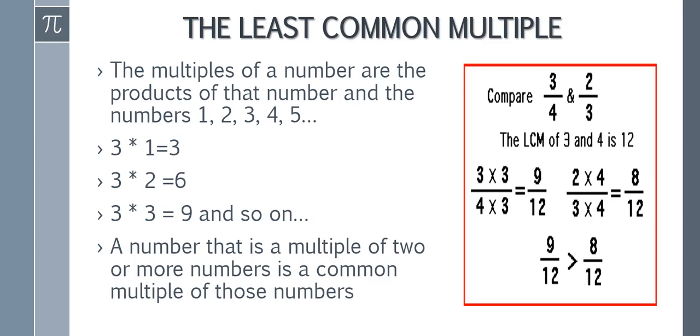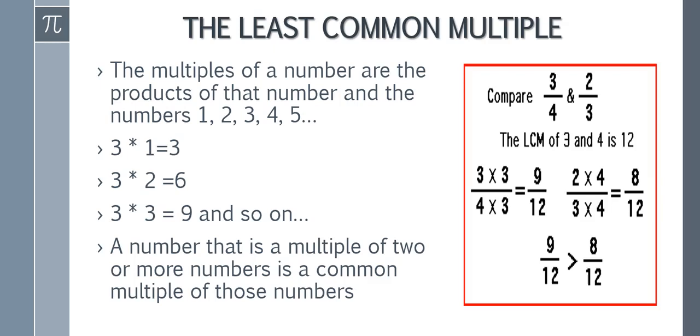The multiples of a number are the products of that number and the numbers 1, 2, 3, 4, 5. A number that's a multiple of 2 or more numbers is a common multiple of those numbers. The least common multiple, or LCM, is the smallest common multiple of 2 or more numbers.